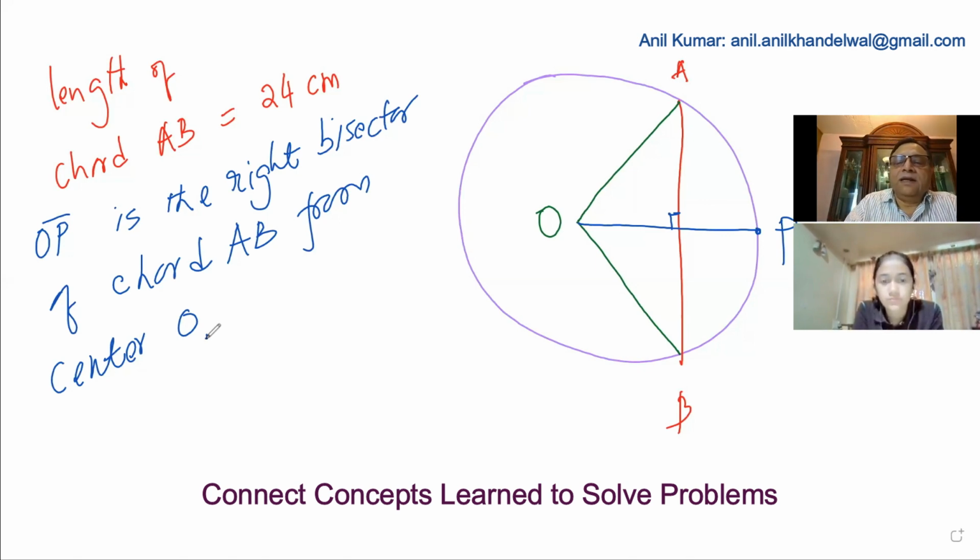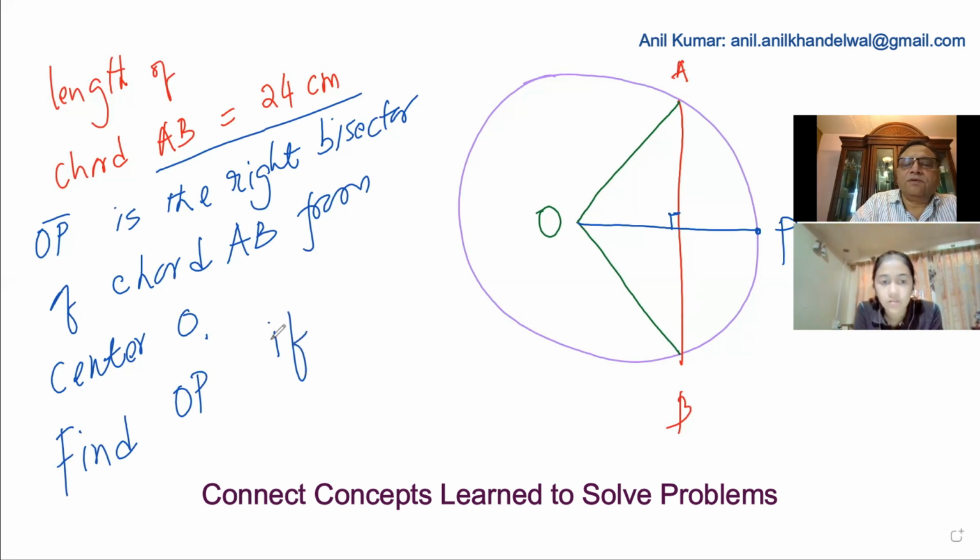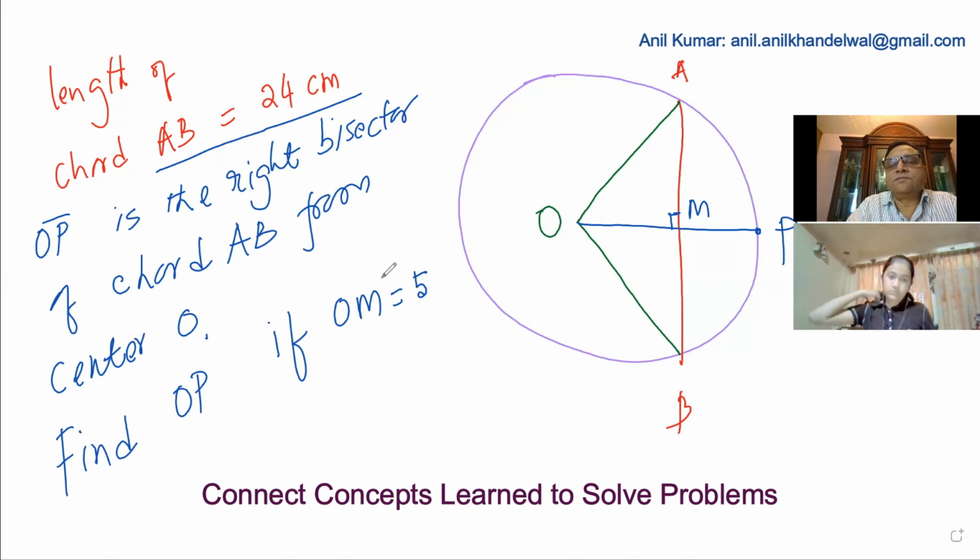You have to find the radius, or AB is 24, we know, right? AB is 24. Find OP if, let's say this point is M, if OM is equal to, let us say, 5 centimeters.